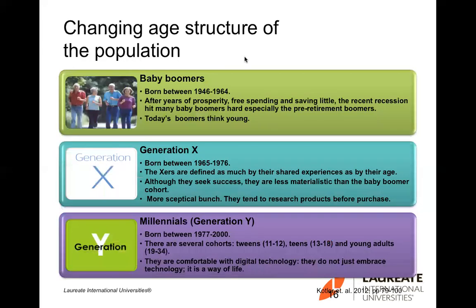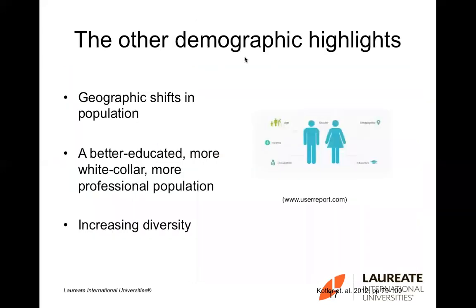Okay, just to give you a bit of an outline in terms of demographic. For instance, you may look at the changing age structure of the population. Countries like Australia have this, right? We have the baby boomers, Generation X, millennials. Okay. And among the other highlights in terms of demographic changes, we have seen better educated customers, for instance.